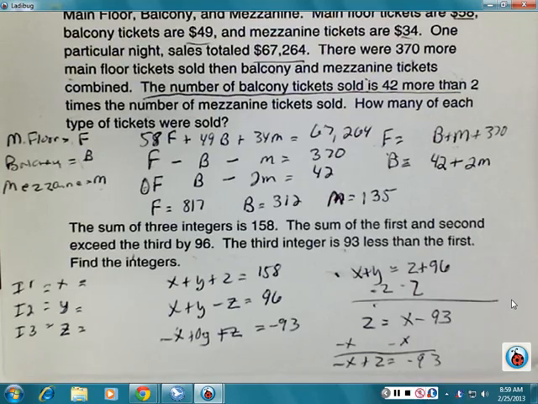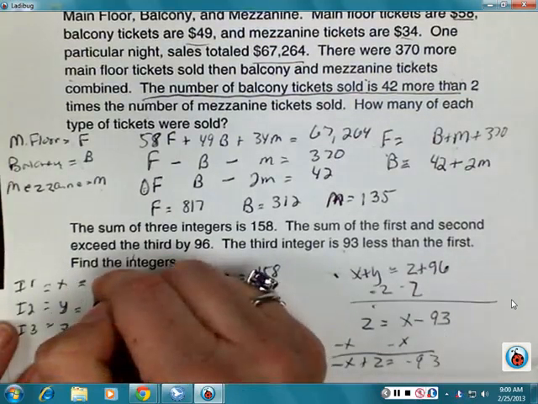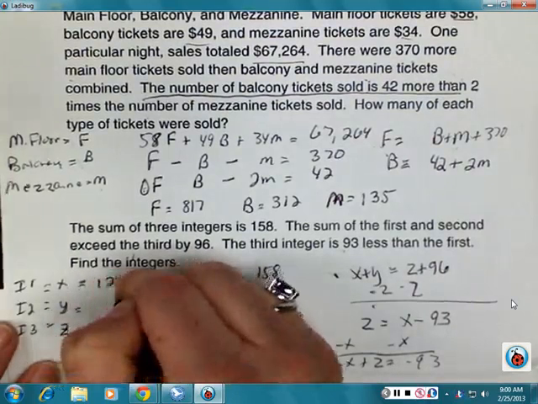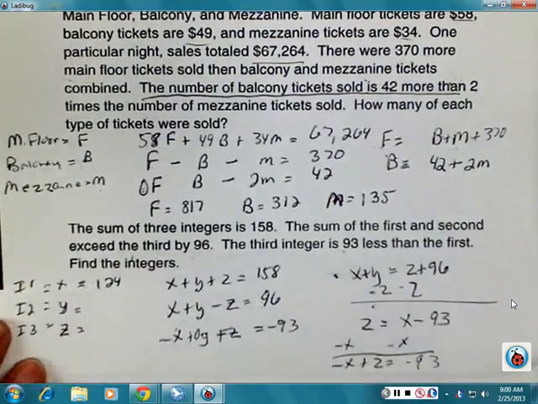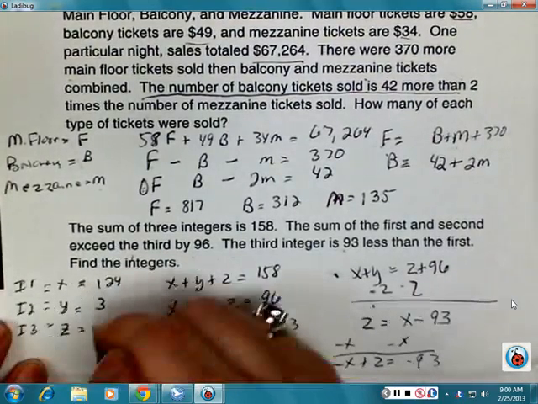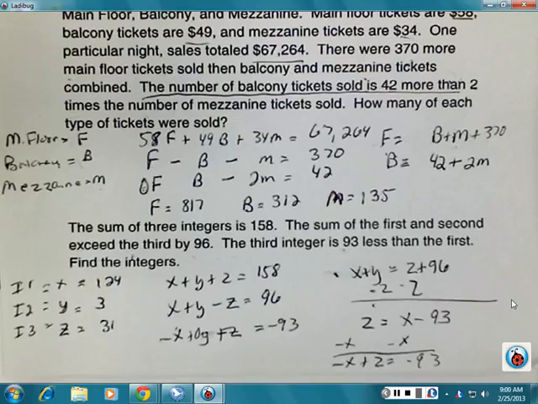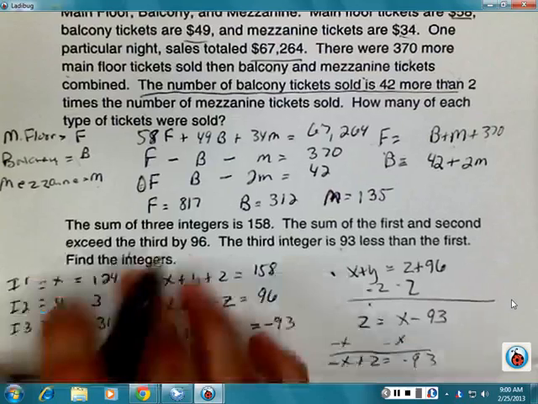So x will be, you may know? What was x? What was it? 124? 124. What's y? 3? What's z? 31? Okay. Alrighty. So that would be my answers.